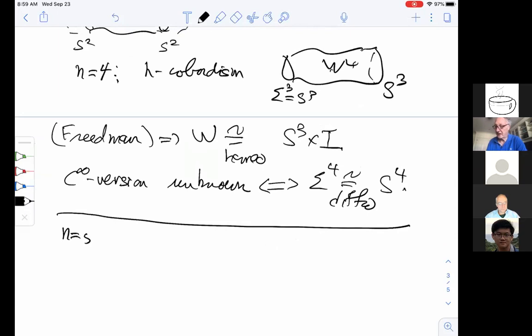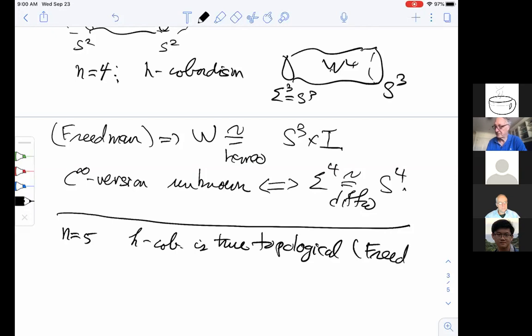N equals 5. The H-cobordism theorem is true topologically. This again is the same result by Freedman. And it's false in the C infinity category. That was first proved by Simon Donaldson.